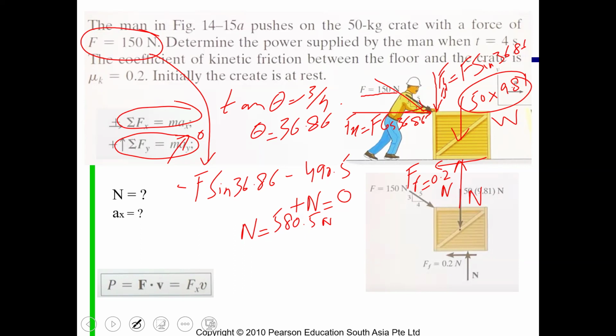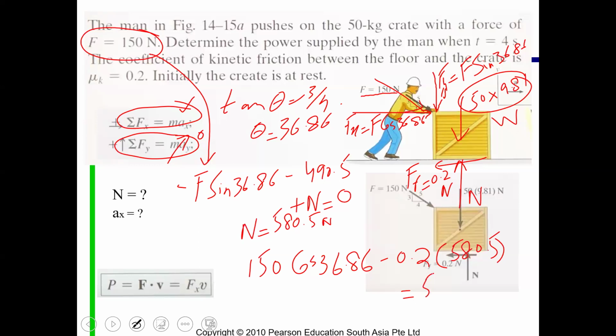F cosine 36.86. I will write the value 150, which is F cos 36.86, minus friction, so minus mu N, which is 0.2 times 580.5. And what about the remaining part? Equals ma.